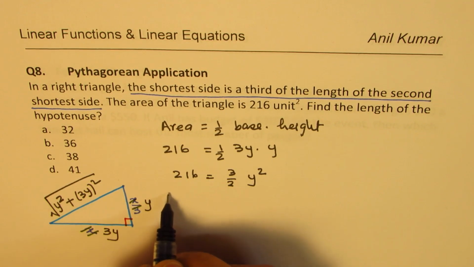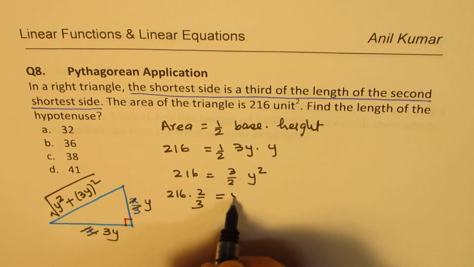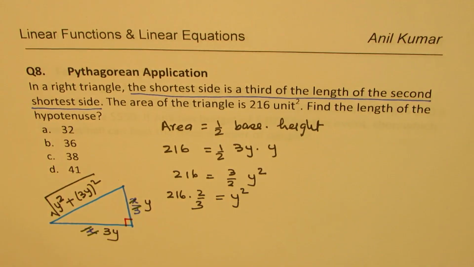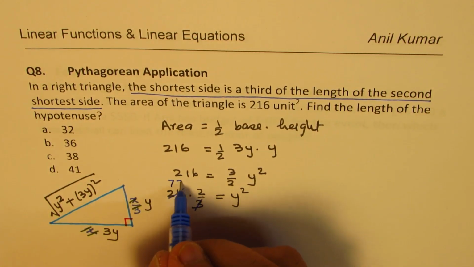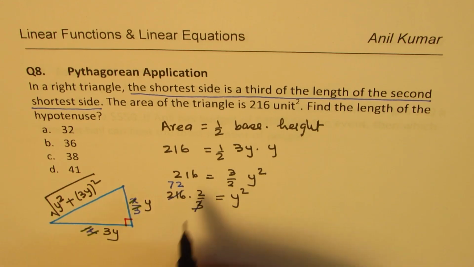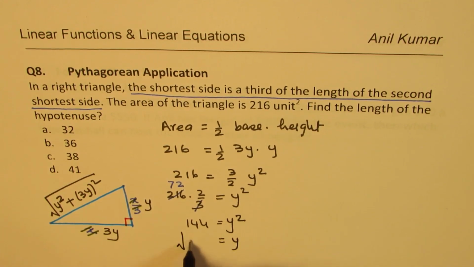So we could cross multiply. So we get 216 times 2 over 3 equals y squared. This could be simplified, right? So what we get here is 144 equals y squared, or y is equal to square root of 144, which you know is 12.